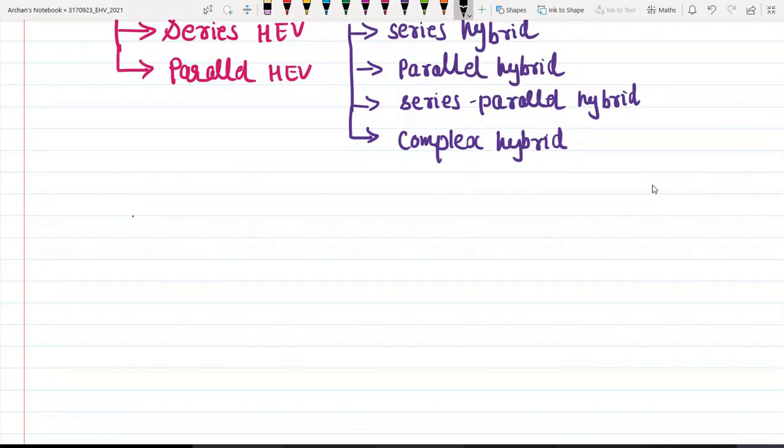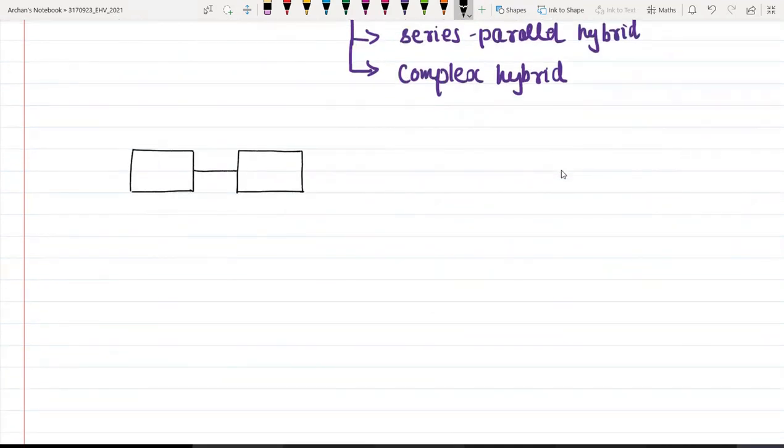Okay, so here I will have a fuel tank. Okay, and that fuel tank is connected to the internal combustion engine, which is my IC engine, right? And then there is another source. Okay, this source is battery. Obviously, we are talking about hybrid electric vehicle.